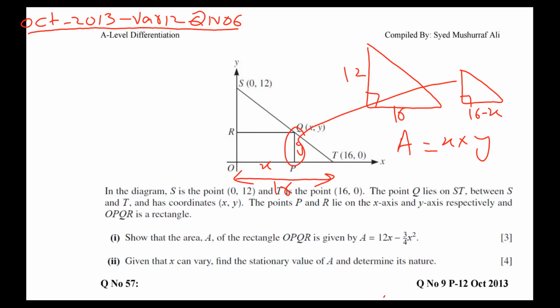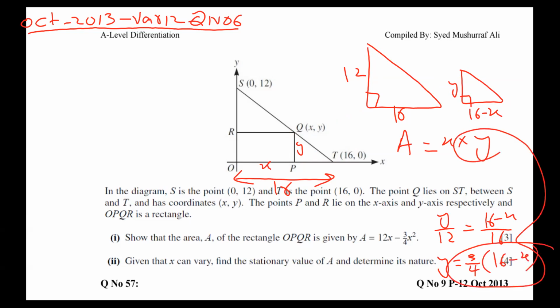Now I can use it directly, because these triangles are similar: this angle is common to both, so two angles are equal. Opposite by opposite, so Y by 12. Adjacent by adjacent, 16 minus X over 16. 12 goes to the right hand side, and the 3s and 4s cancel. So Y equals 3 over 4 times 16 minus X. I will plug this in here, and that's it.